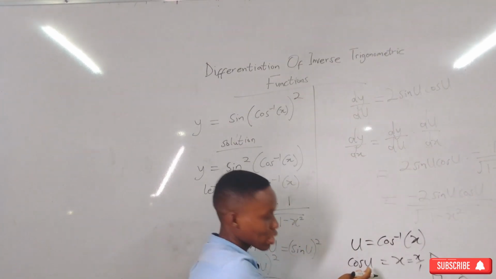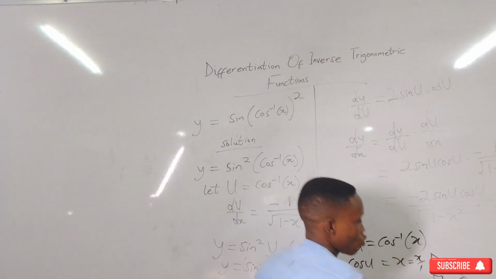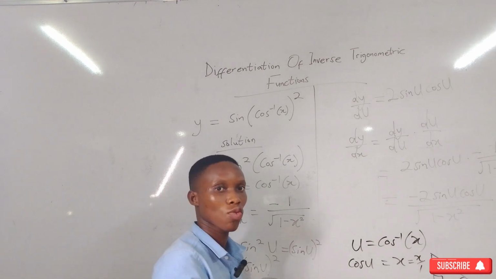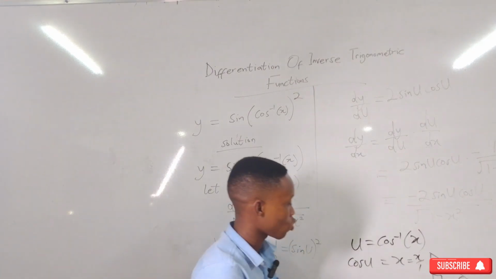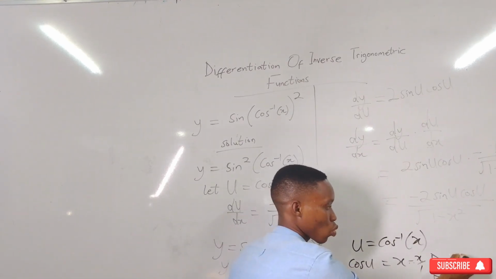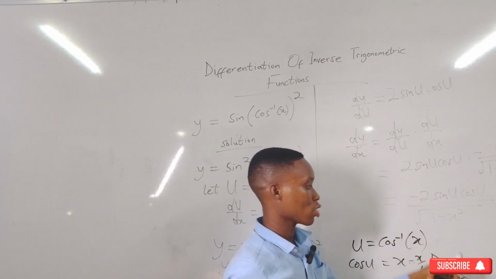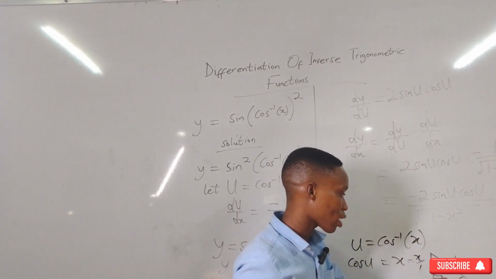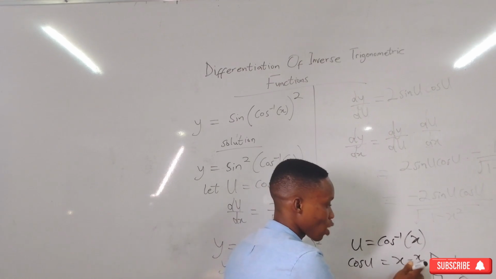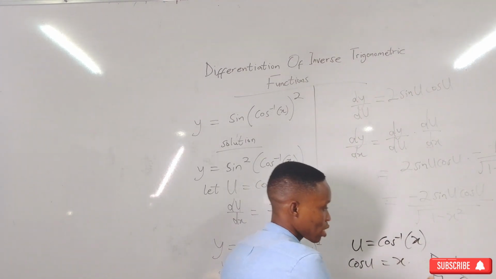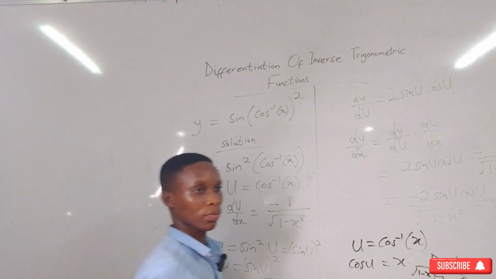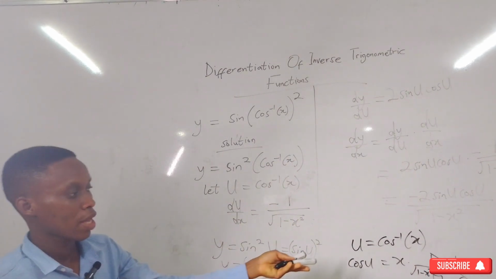Our angle here is u. Cos u means adjacent over hypotenuse, and the adjacent here is x. The hypotenuse here is 1. With Pythagoras theorem, 1 squared equals x squared plus the opposite squared, that gives us the opposite to be the square root of 1 minus x squared.